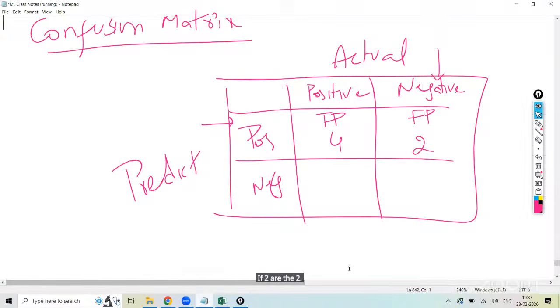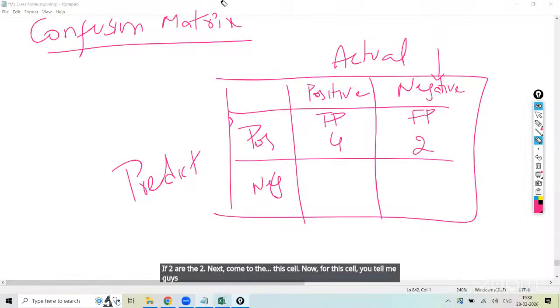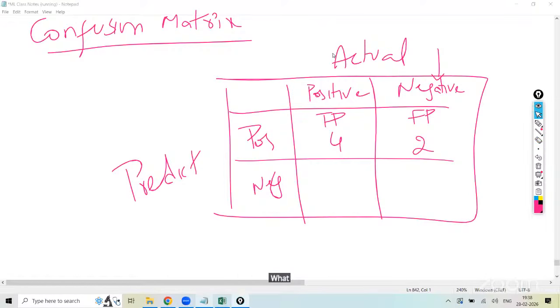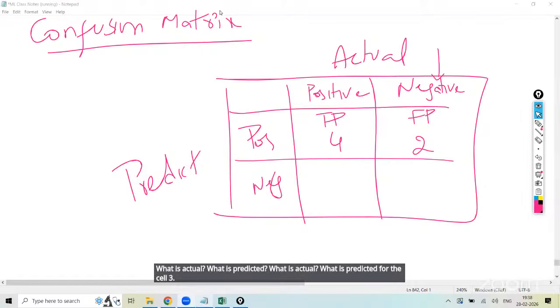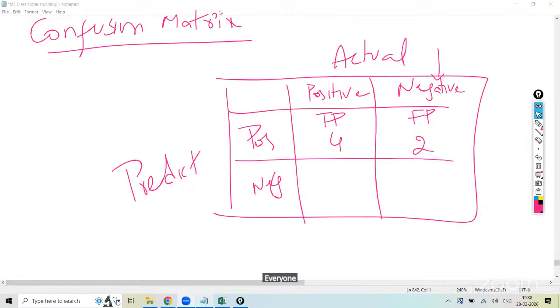Next, come to this cell. Now for this cell, you tell me guys, what is actual? What is predicted? For cell 3, actual is positive. Predicted is negative. What is it called? TN, FN, what is it called?